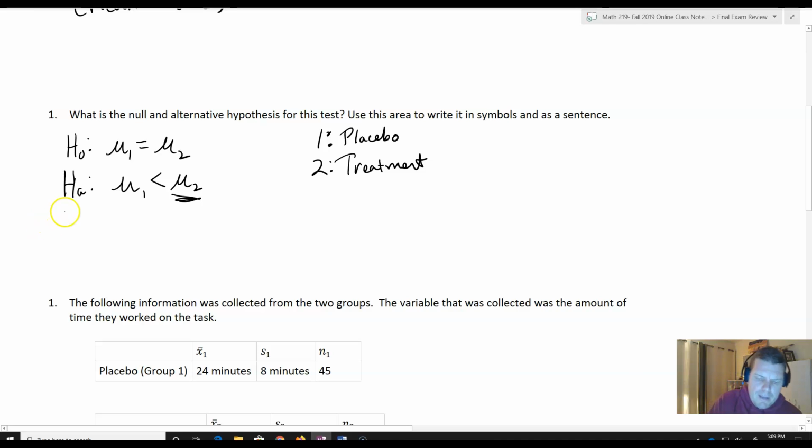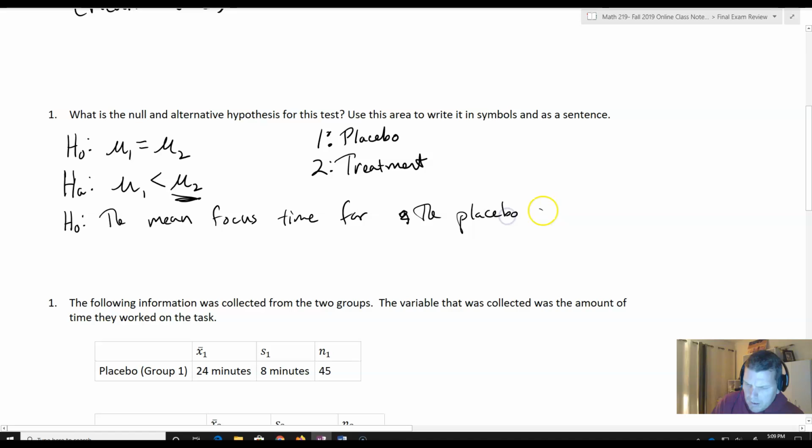If I write this as a sentence, H0 is going to be the mean focus time for group 1, for the placebo group, is the same as the mean focus time for the treatment group.